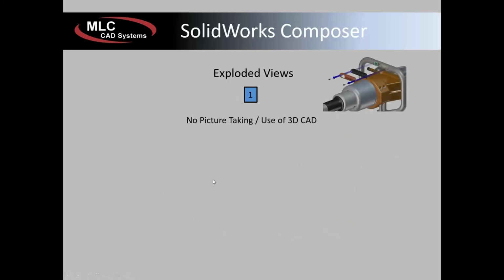So let's just summarize. Exploded views in 3D in SolidWorks Composer allowed us to create these great looking images without taking any pictures. We're just leveraging our 3D data that we already have in our CAD files. We're able to create nice, clear images, and we can use these in publications.